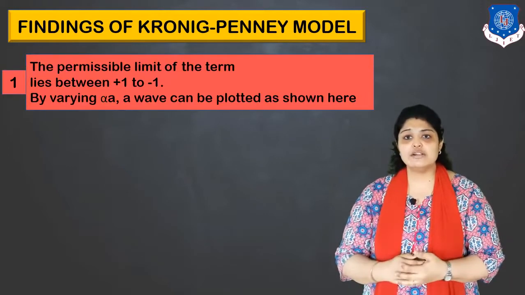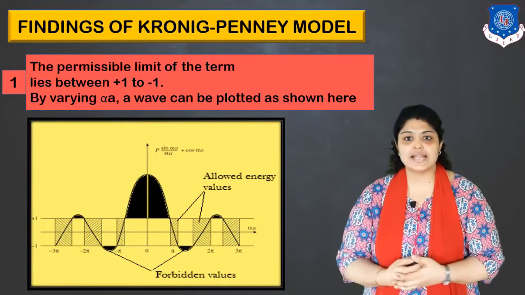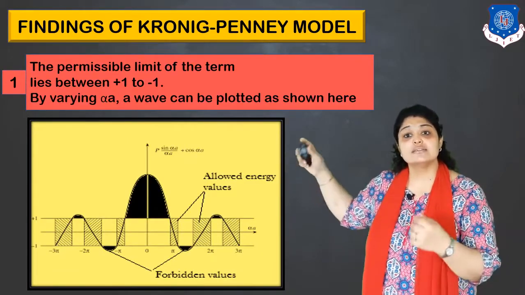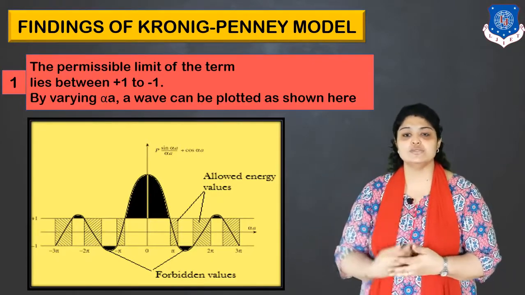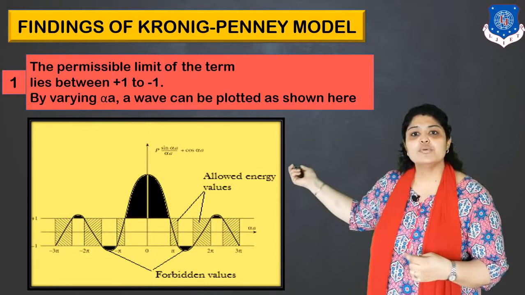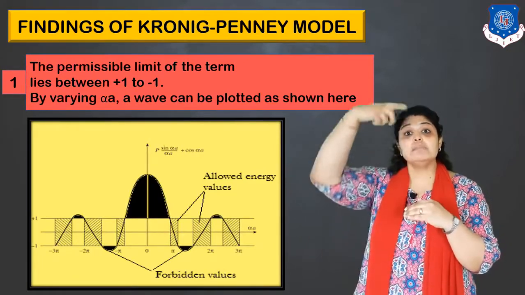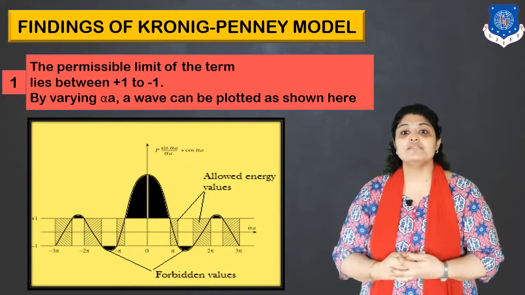And by varying alpha A, we have plotted a graph which is like this. Here I have just shaded, just colored, the portions which are apart from +1 and -1. So according to the diagram, whatever is the black colored portion is beyond +1 and -1. This is what is known as the forbidden values.